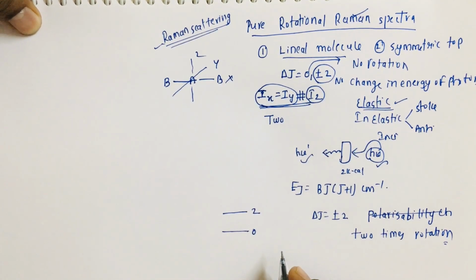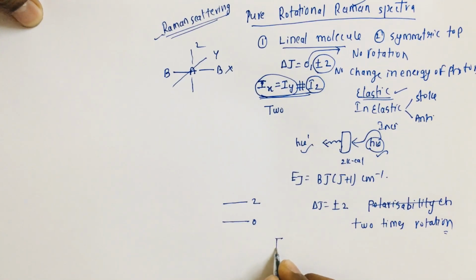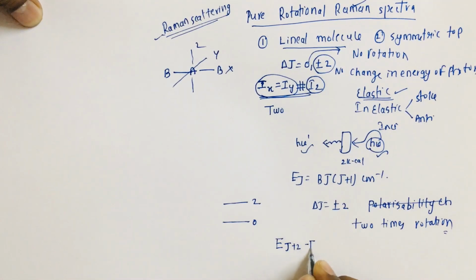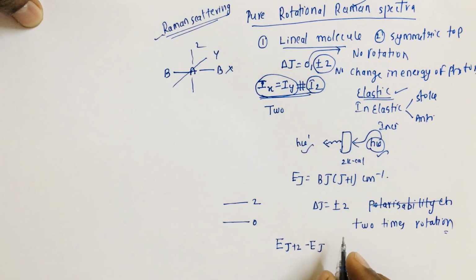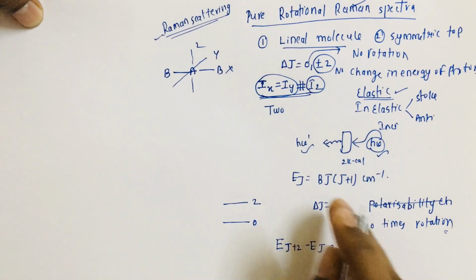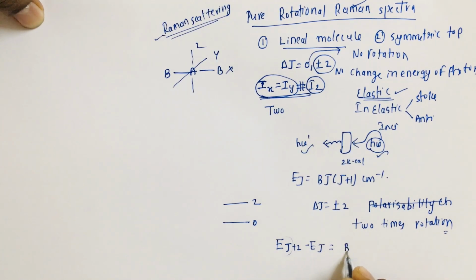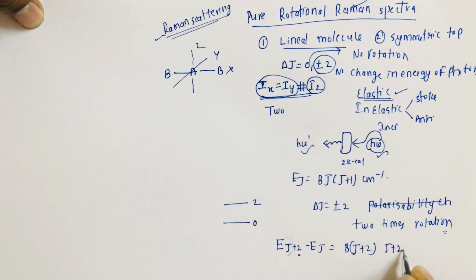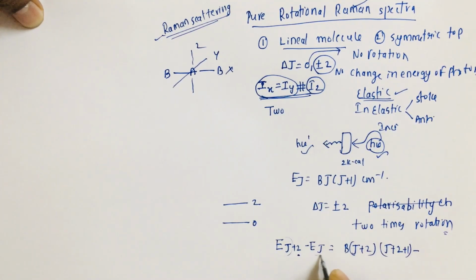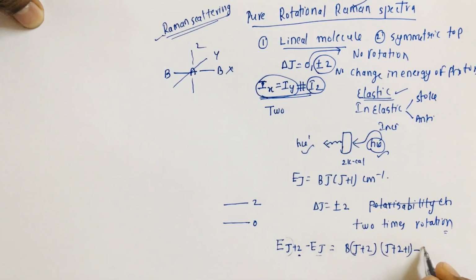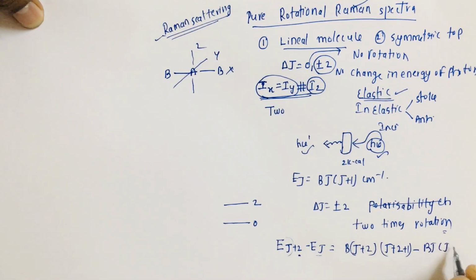Now, how will we calculate the total energy difference? E J plus 2 minus E J. For the first term we write B into J plus 2 into J plus 2 plus 1, minus the same term, BJ into J plus 1.